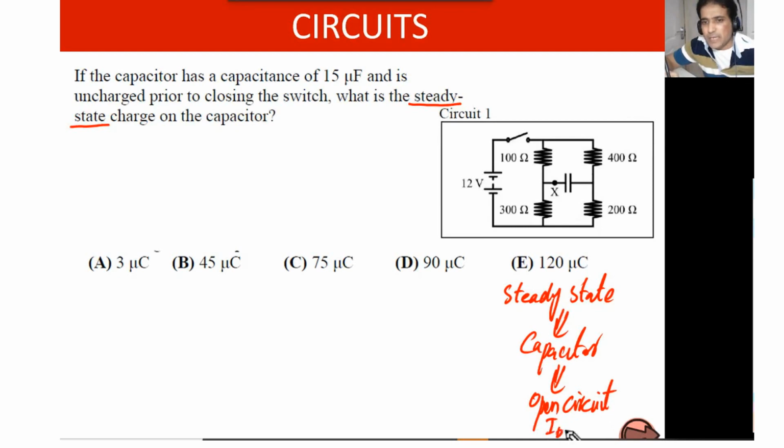So I in that branch in which the capacitor is connected will be 0. So we have to understand this point and then we need to answer this.